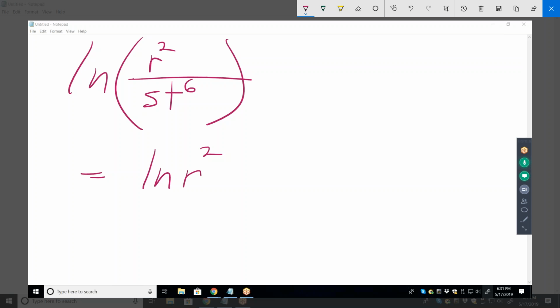Remember that when you are expanding an argument that has nothing but multiplication and division going on, you're expanding it into separate log expressions that are always being added or subtracted. In other words, multiplication and division turns into addition and subtraction. So the next thing has to be a minus, because the next thing is the denominator, which is being divided.